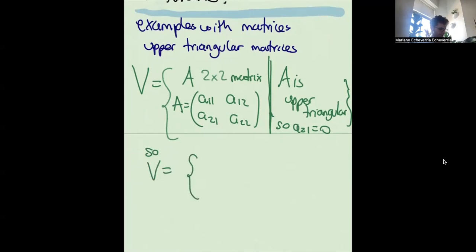Being upper triangular is the same as saying that B equals the 2 by 2 matrices which are A11, A12, you can make this zero if you want, and A22. So you're just forcing the third entry to be zero.